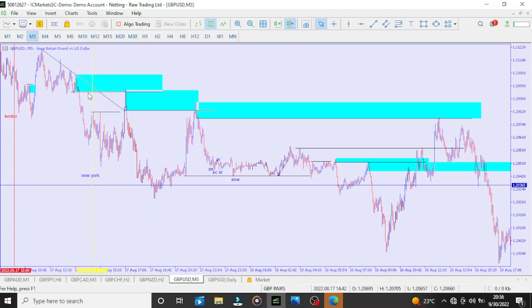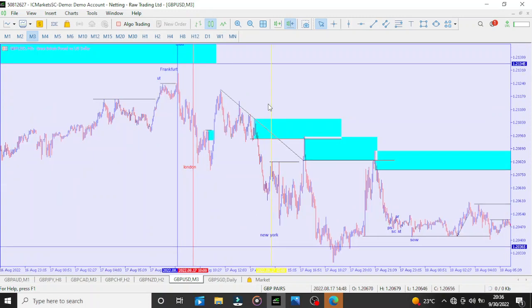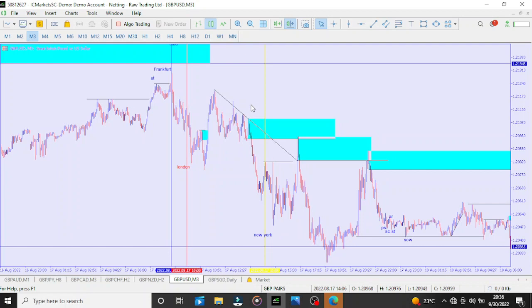So guys, you see how one session led to another session, led to another session, and how each session created liquidity and later on grabbed that liquidity. Like I mentioned in the previous video, guys, liquidity drives the market.